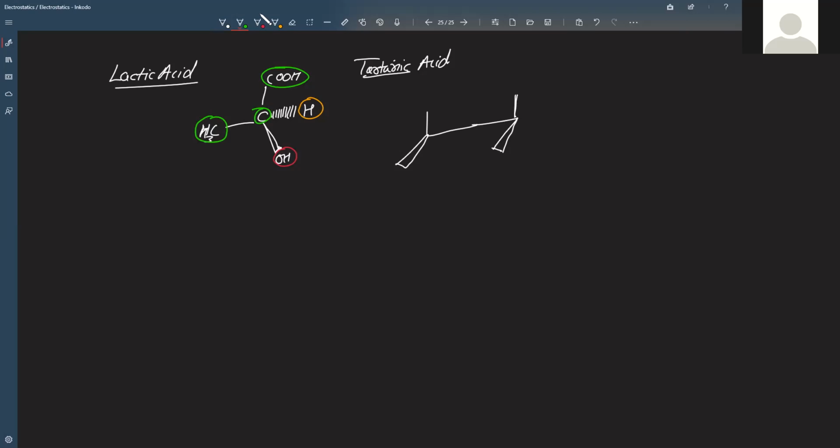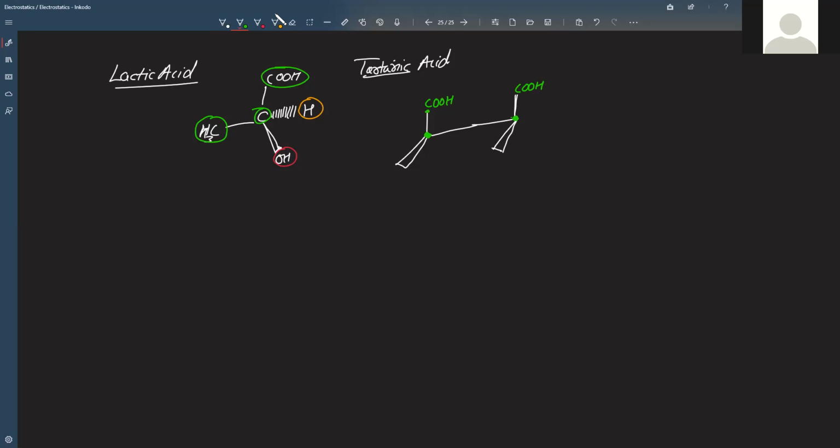This carbon and this carbon, they are in the same plane. And then you have this group which is in the same plane, and suppose this is COOH. So this is also COOH, right? So they are in the same plane. And then if you see this particular carbon, it has two substituents. One substituent is this COOH and another substituent is this carbon. So these two are in the same plane. So total there are three in the same plane.